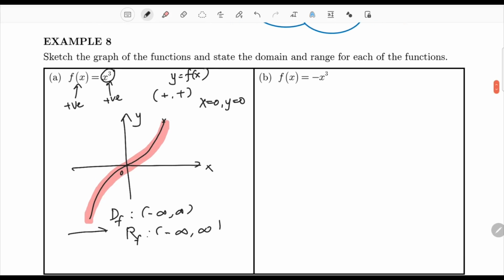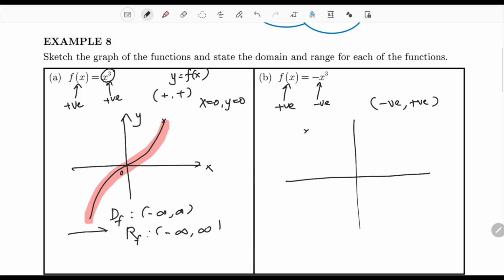Right, look at B. So now here x, the sign is negative. But here your y, your f(x) is positive. So the point will be negative, positive. So where does negative, positive lie? It should be in the second quadrant. Negative value for your x and positive for y.